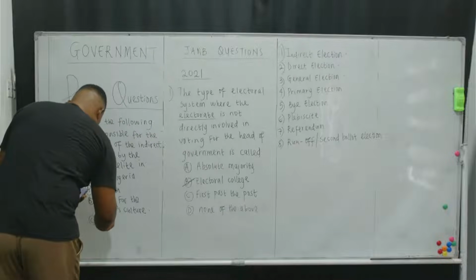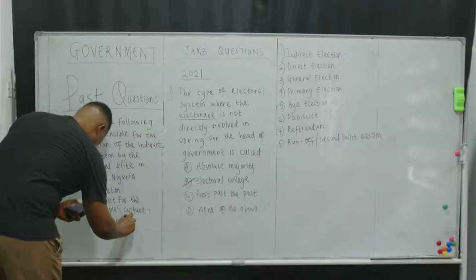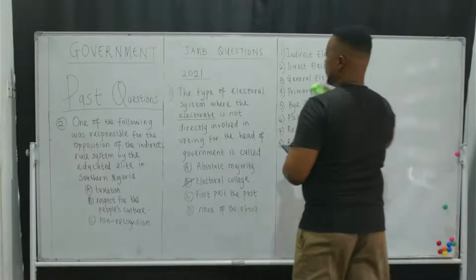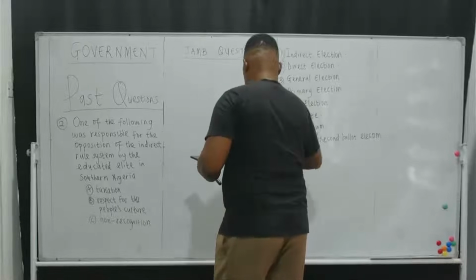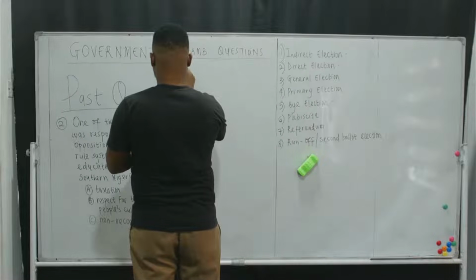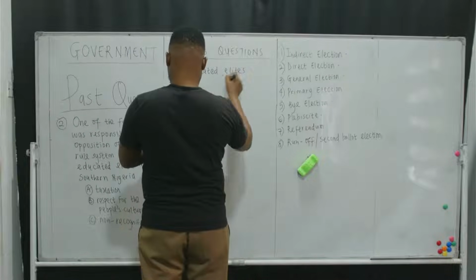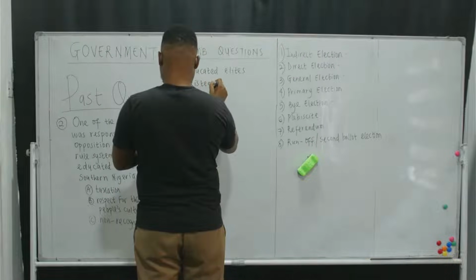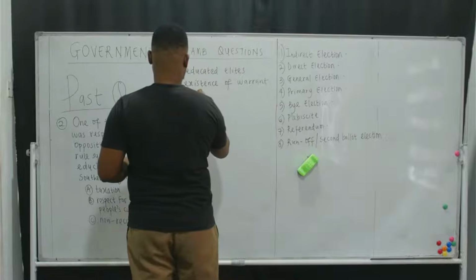C, non-recognition of educated elite. And D, existence of warrant chiefs.